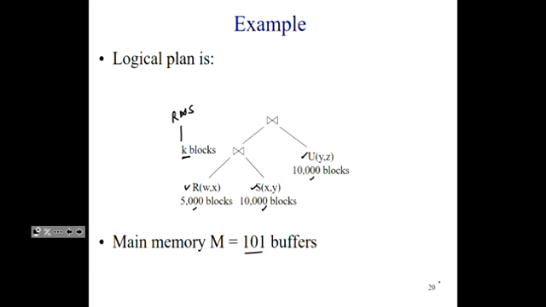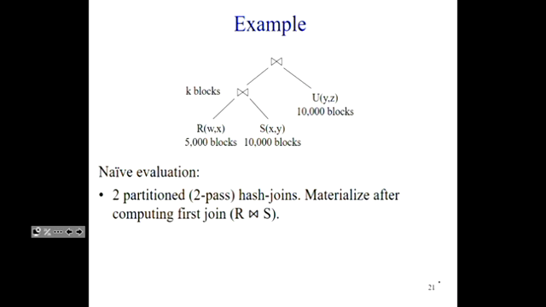So let's start with the simplest possible thing I can do. If I didn't want to worry about memory at all, what would I want to do? Well, I would do a two-pass hash join. A two-pass hash join essentially allows me to not worry about memory requirements as much, because the memory requirement there is basically quadratic.